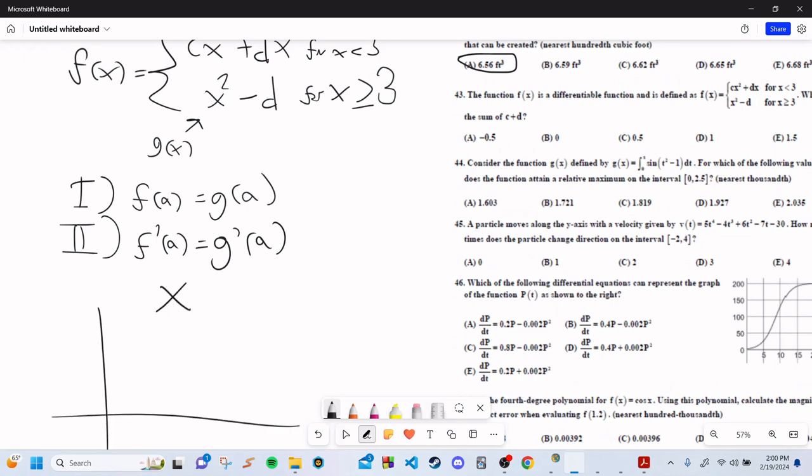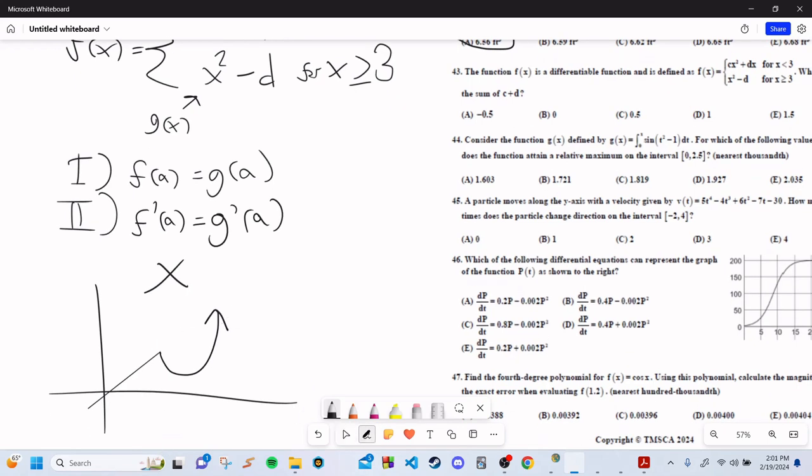An example of what we wouldn't want is, let's say I have a straight line here, and then I've got this parabola. That's not what we want because the slope here is super different from the slope here.